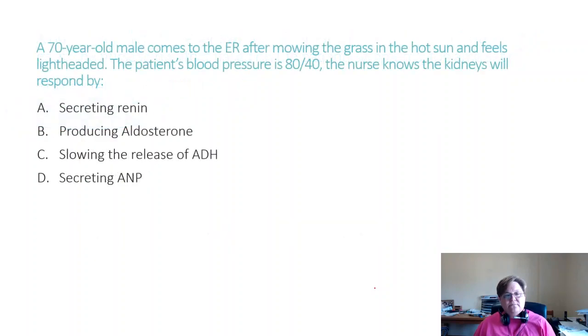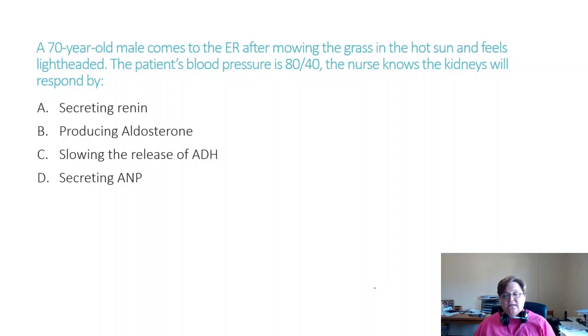A 70-year-old male comes to the ER after mowing the grass in the hot sun and feels lightheaded. His blood pressure is 80/40. The nurse knows that the kidneys will respond by secreting renin, producing aldosterone, slowing the release of ADH, or secreting ANP.